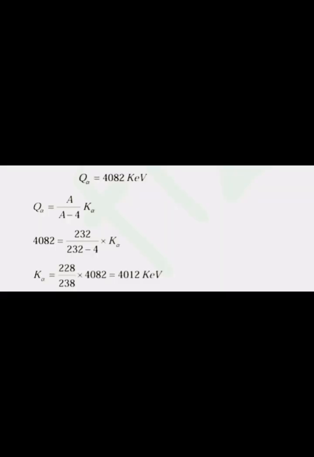So here we know that Q alpha is equal to 4082 keV, and we know that Q alpha is equal to A divided by A minus 4 into K alpha. That is 4082 is equal to 232 divided by 232 minus 4 into K alpha. From here K alpha is equal to 228 by 232 into 4082. This is equal to 4012 kilo electron volt.